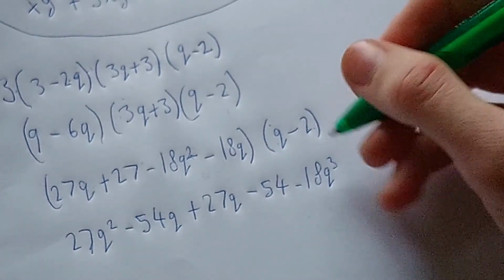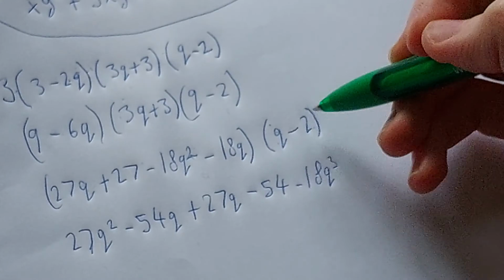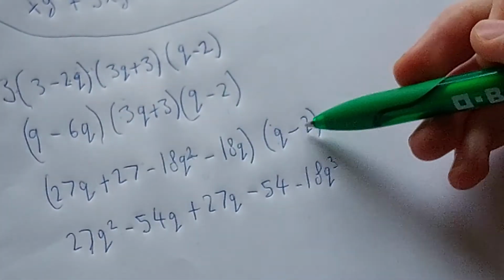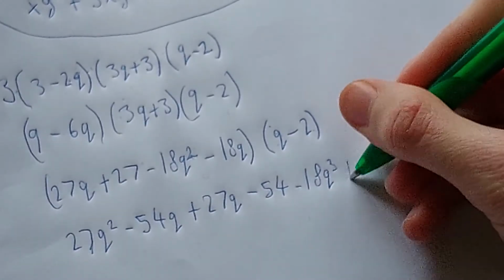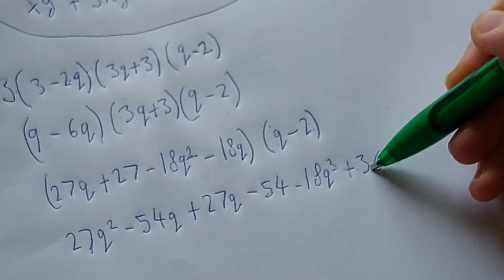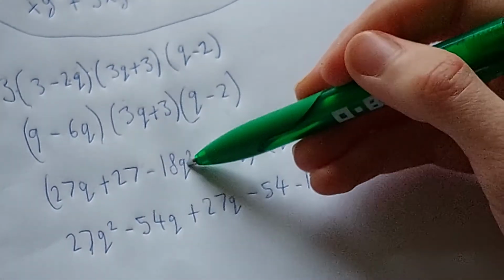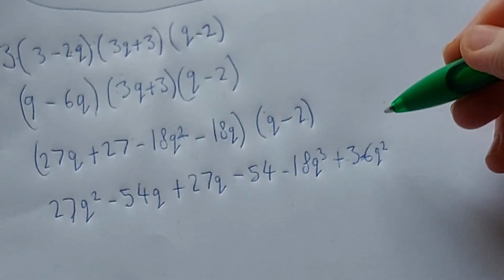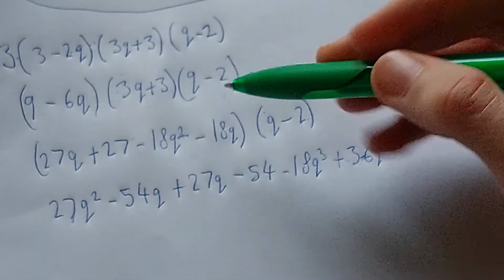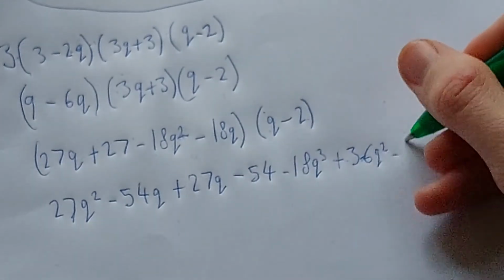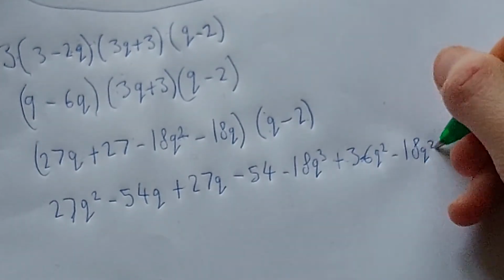And then we do minus 18q squared times minus 2. In this one we have two negatives, and two negatives make a positive, so it will be plus. So 18 times 2 is 36, and we've got q squared just there, so we put the q squared in. Next up we've got minus 18q times q, which would be minus 18q squared.